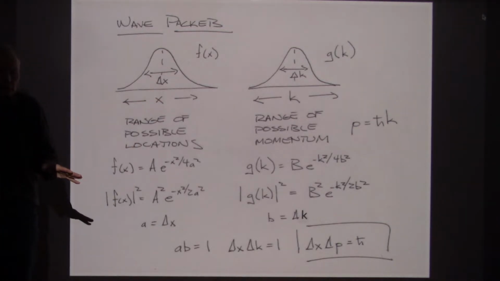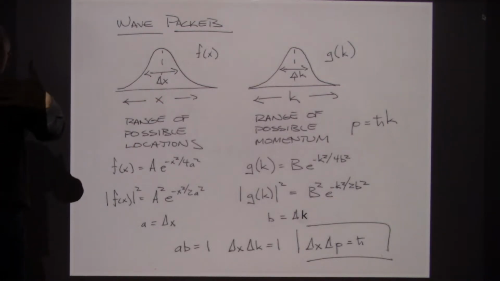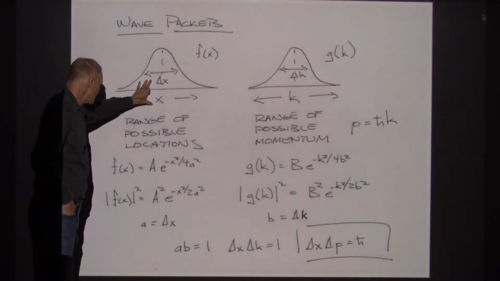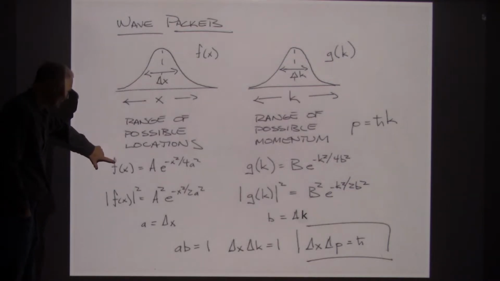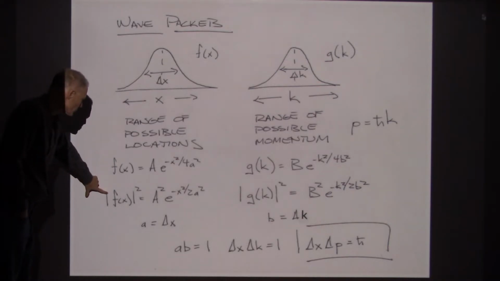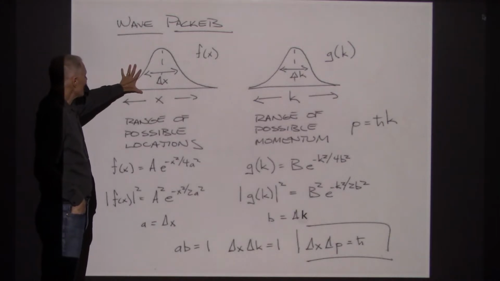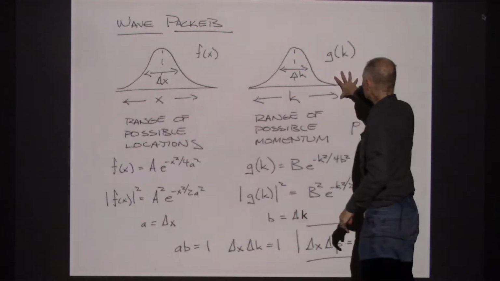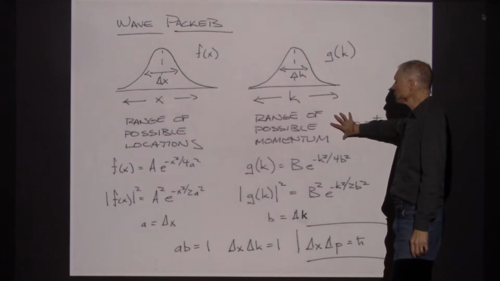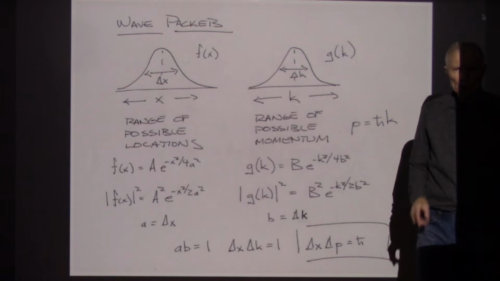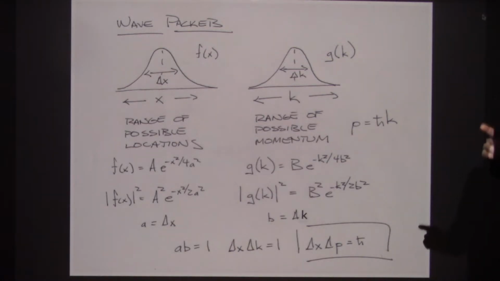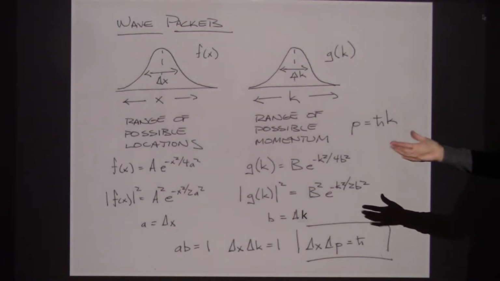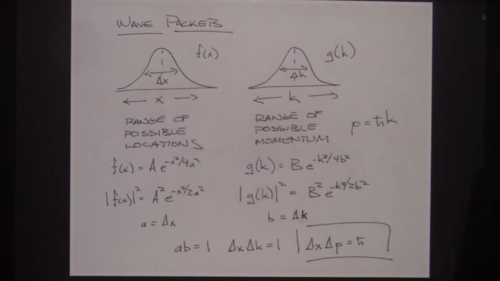So if I've got a photon or an electron and it's been bunched into a region within a certain distance, and we use this as a wave function and square it, what we find is that the range of possible locations requires that the particle also have a range of possible momentum values. If the particle has just one definite momentum, that requires the particle to be equally likely to be found at any location. So we have to reach a compromise.